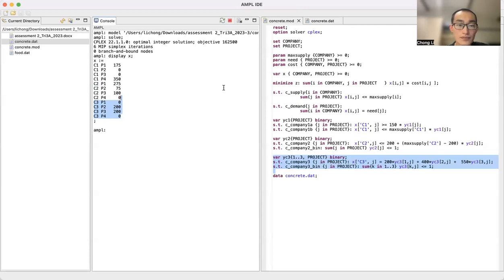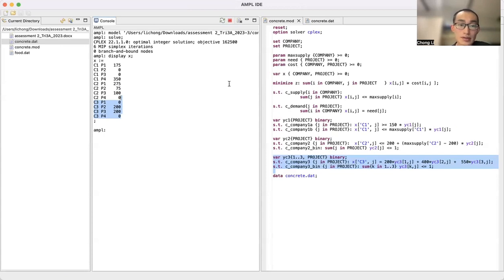So Y C3, 1, P2 equal to 1 means that company 3 serves package 1 to project 2. Now remember package 1 is 200 units.